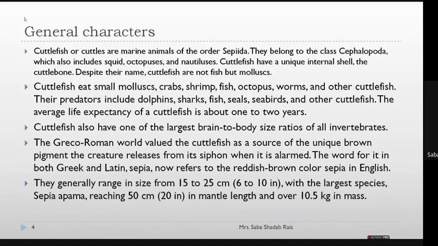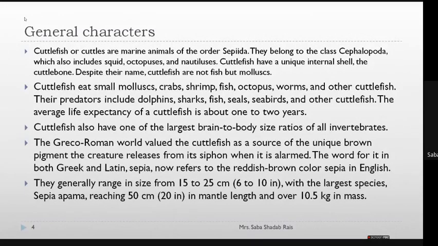So the organisms that belong to the Cephalopoda all bear appendages on their head. You might have observed that the squid, the octopus, the nautilus, all have a head which is bearing the appendages.